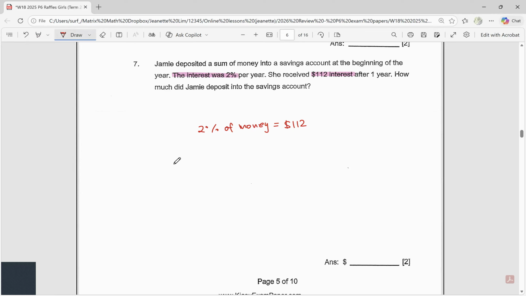So we would find 1%. How much did Jamie deposit? What she deposited into the savings account would be the original amount, which means that this is 100%. So I will find 1% first, then after that 100%.